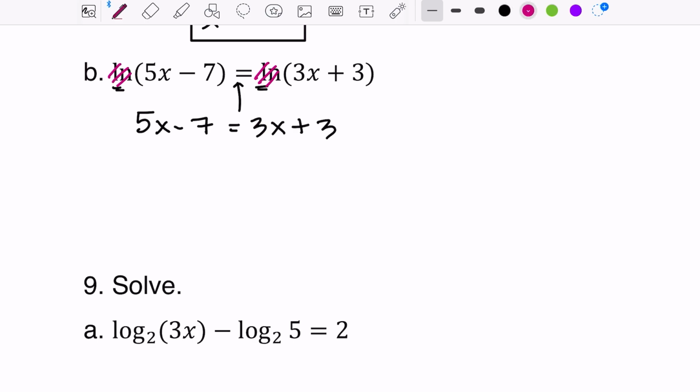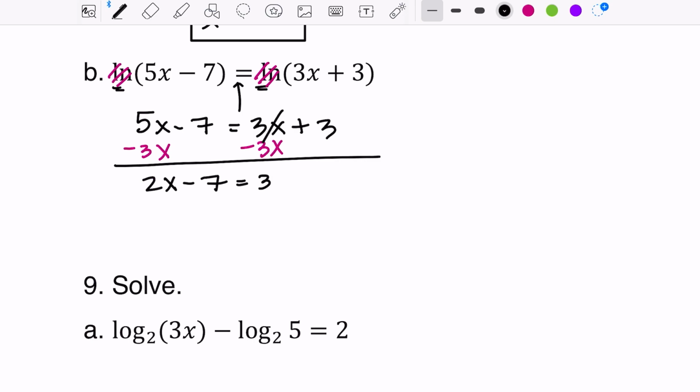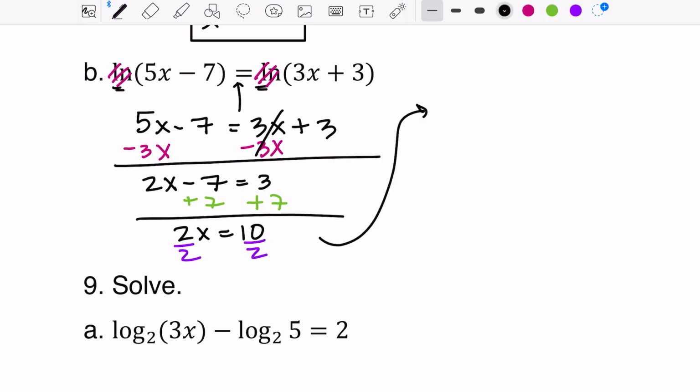So then I'm going to subtract 3x because you get the variable on one side first. This cancels out. And then add 7 to both sides. And then we'll divide by 2. And that gives us x equals 5.